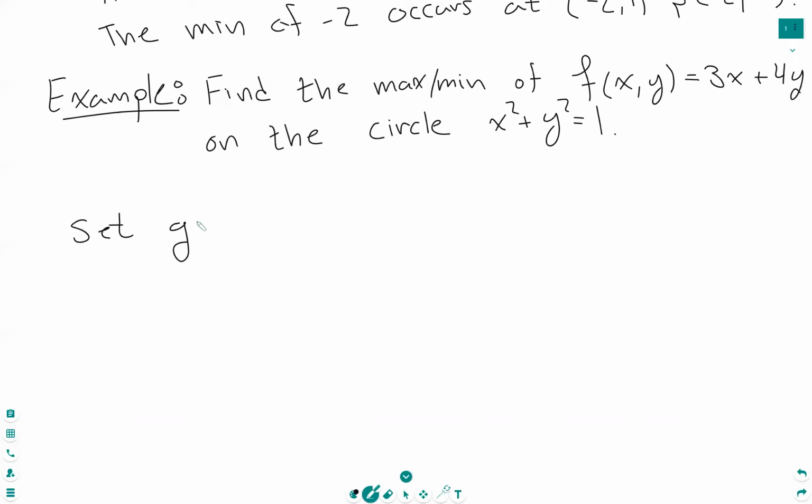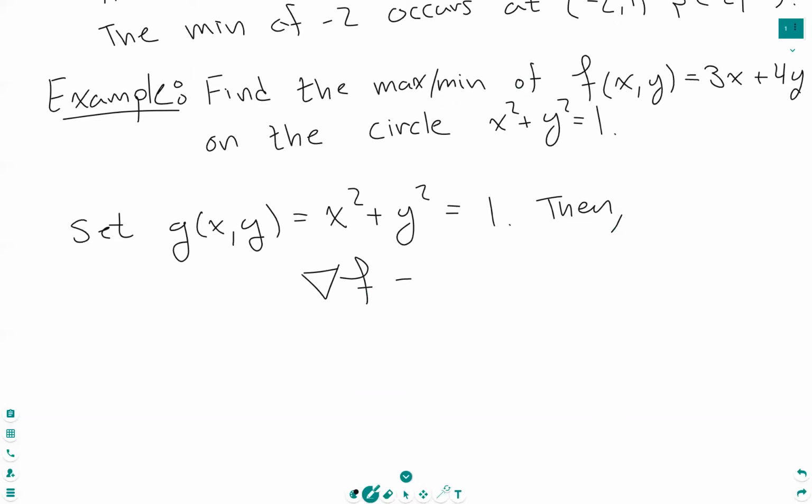So let's set our constraint function as g, which in this case is x squared plus y squared is equal to the constant 1. So then we look at the gradient of f and set it equal to lambda times the gradient of our constraint function g.